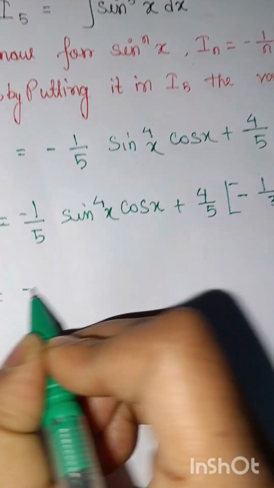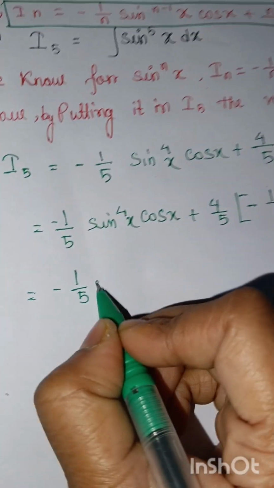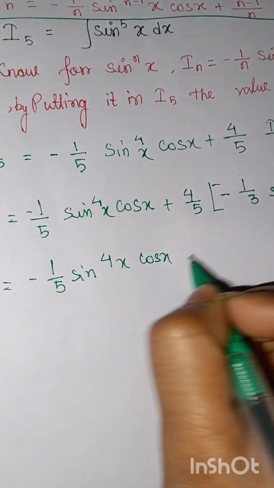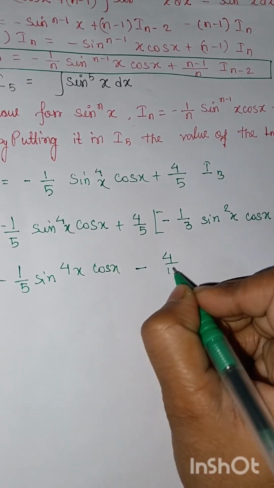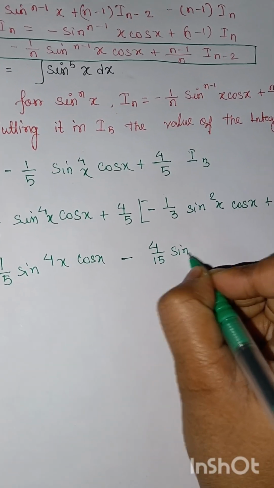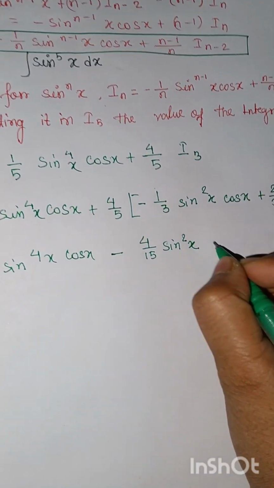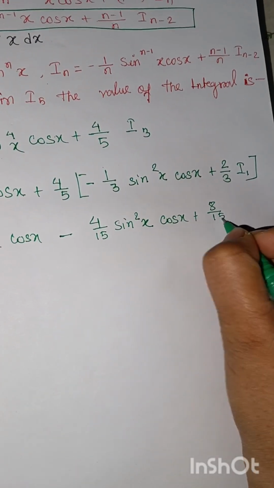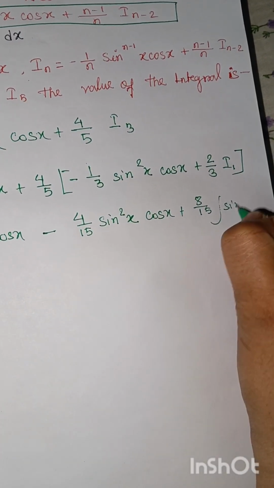Then minus 1 by 5 sine to the power 4 x cos x minus 4 by 15 sine to the power 2 x cos x plus 8 by 15 the integration of sine x dx.